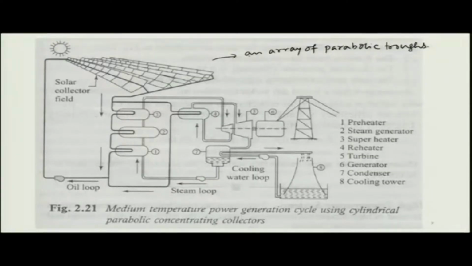Okay. So, how do they look? You have a parabolic surface which is long, and at the focal point you have the tube which carries the fluid and gets heated by the collector. Okay. So, what is happening here? You have the solar rays falling on this and then getting reflected onto this focal plane where the pipe is running. Okay. That is how the parabolic trough collector works.